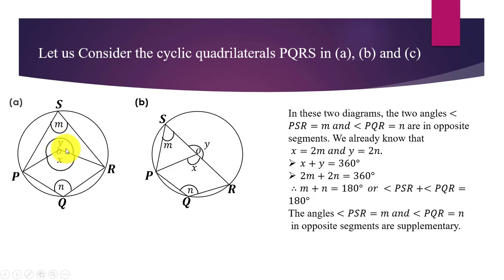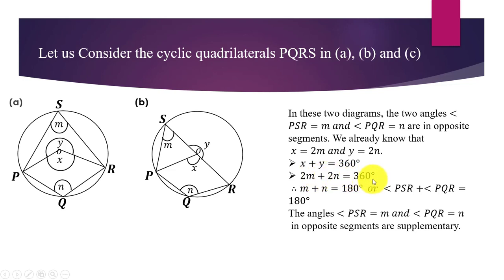So that is why we had X plus Y equals 360 degrees. But X is equal to 2M and Y is equal to 2N. So when we do the substitution, we get 2M plus 2N equal to 360 degrees.